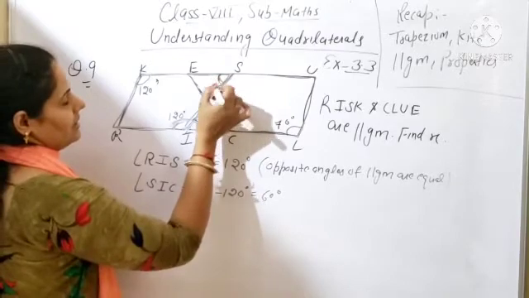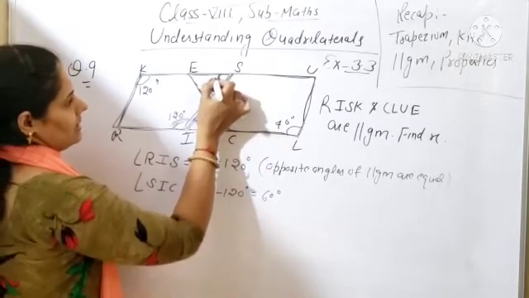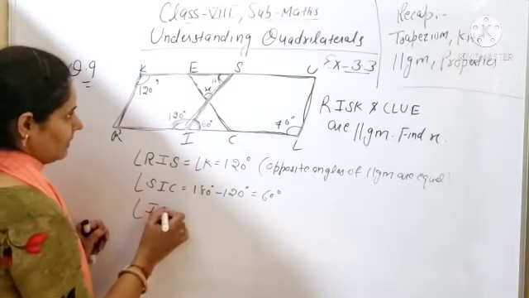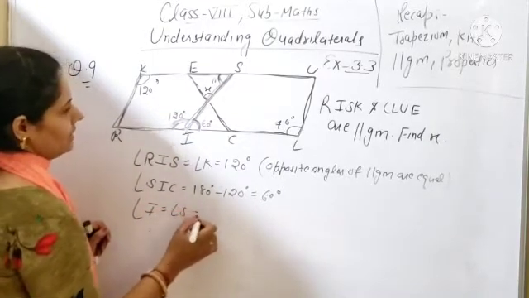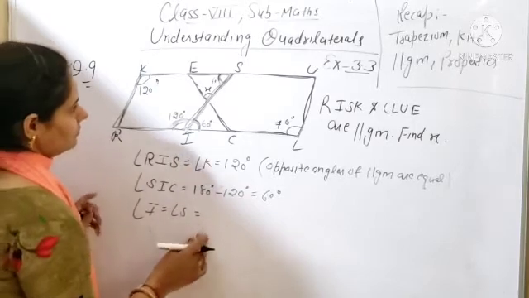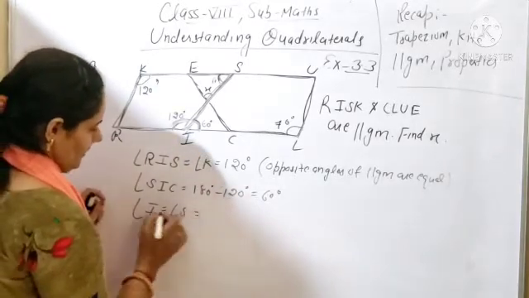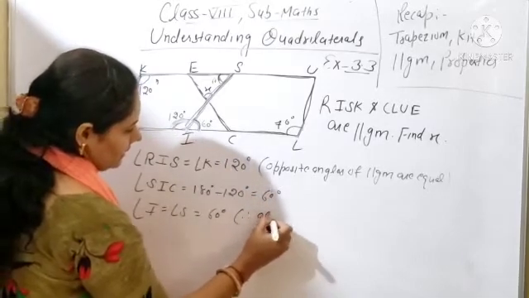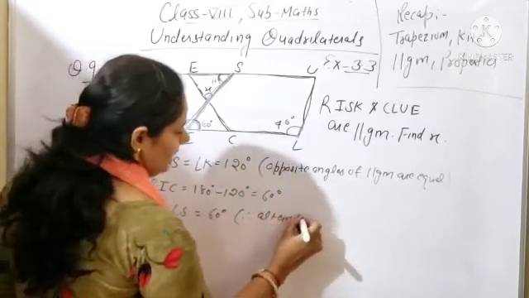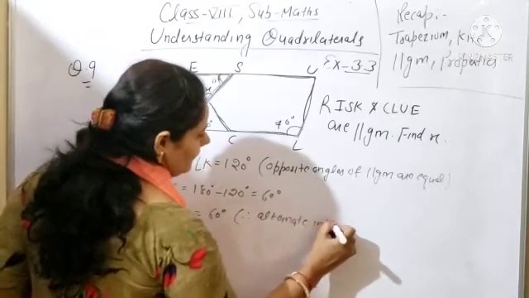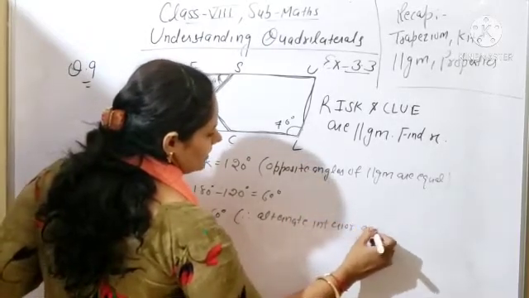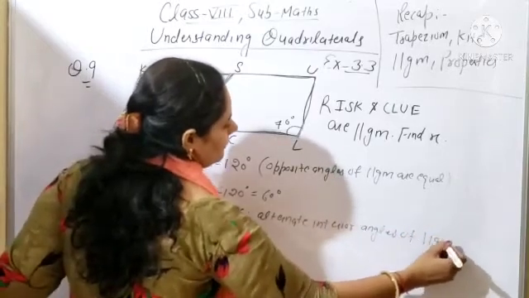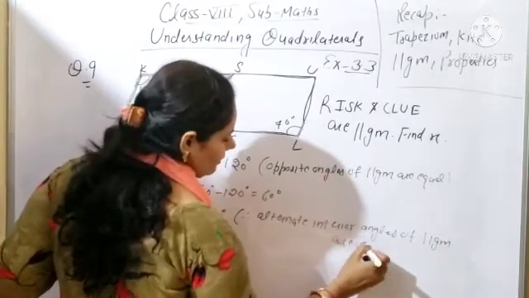So this will also be 60 degrees. So angle I will be equal to angle S, and it will be equal to 60 degrees, because alternate interior angles are equal.